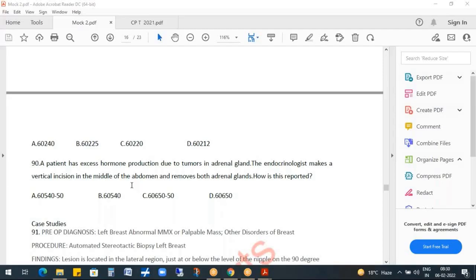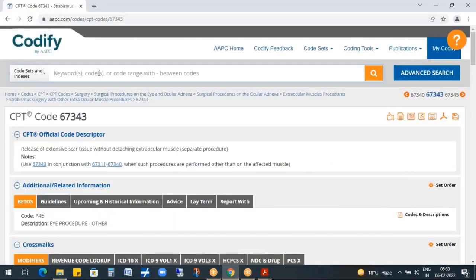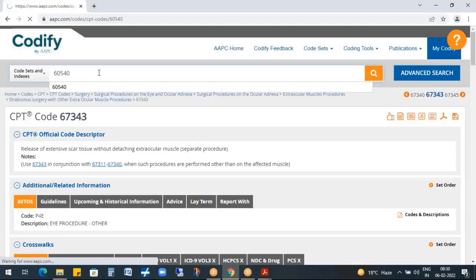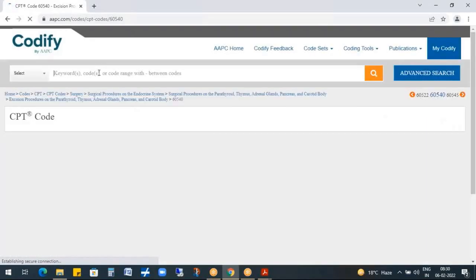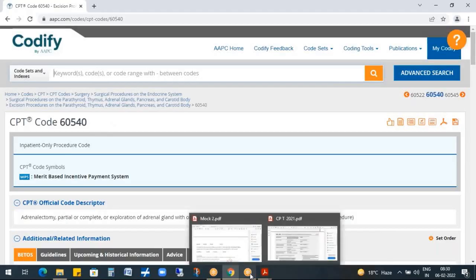Sir, in 50, removes both, modifier, unilateral, 50 procedure performed bilaterally, no sir, 50 modifier. Yes, a unilateral procedure performed bilaterally, 60540. It's not a bilateral code description. Adrenalectomy partial or with or without, only one side, right? There is no bilateral in the code description.